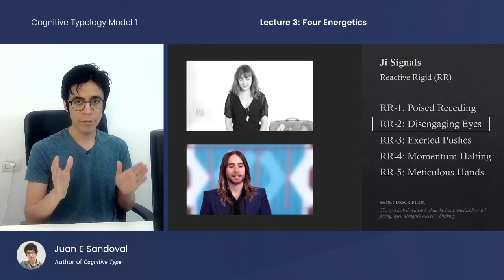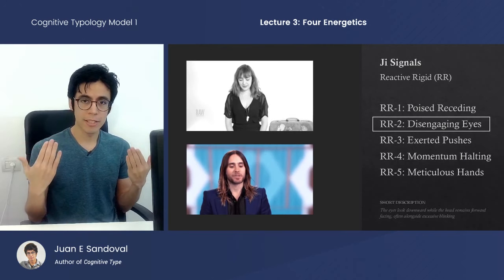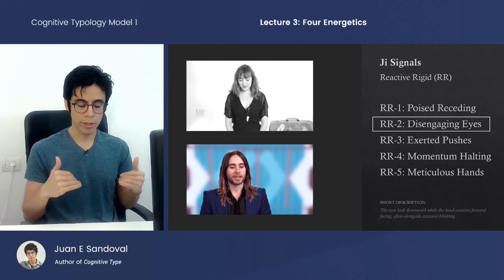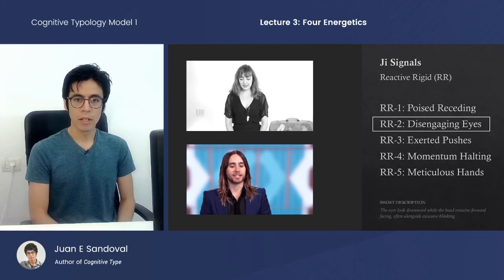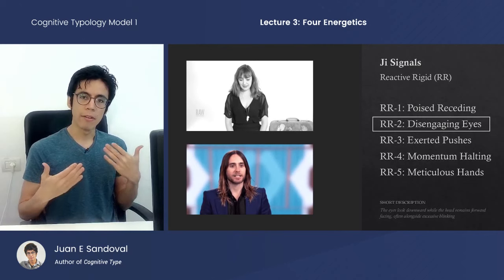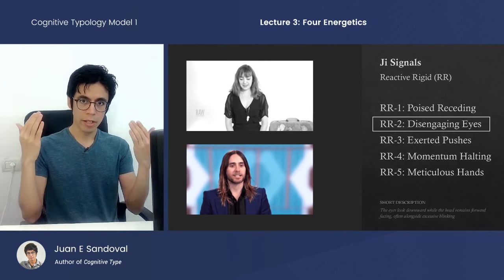Now, another way that the body recedes from the environment is by the eyes becoming disengaged. So in this case, the eyes look downward while remaining facing forward. So if I'm sitting here looking at you and suddenly I do this, it means that I went into internal contemplation and I disconnect from what was happening here in order to process.